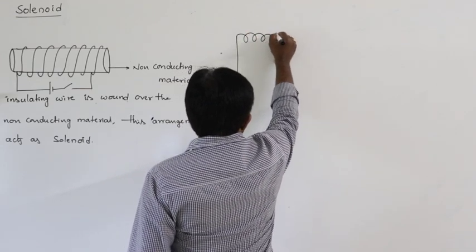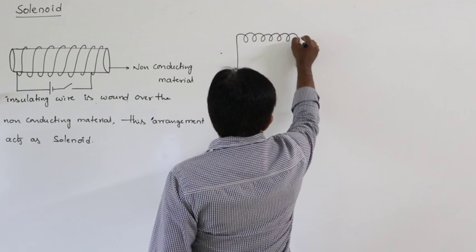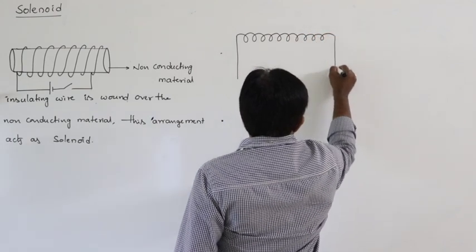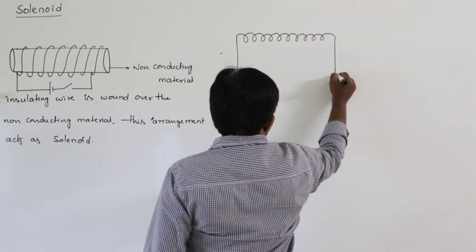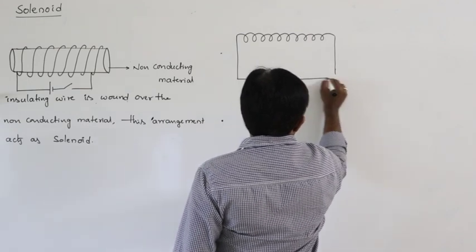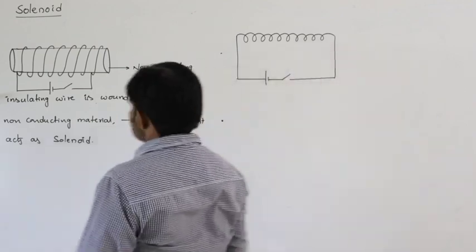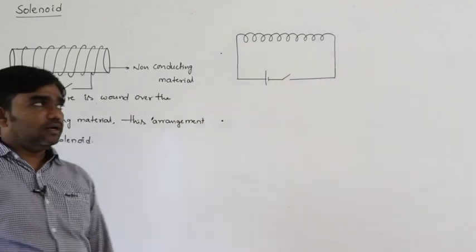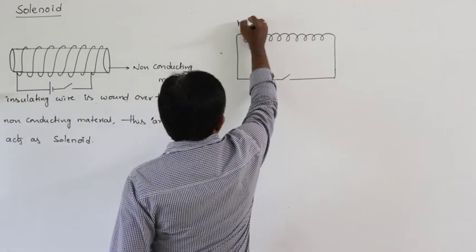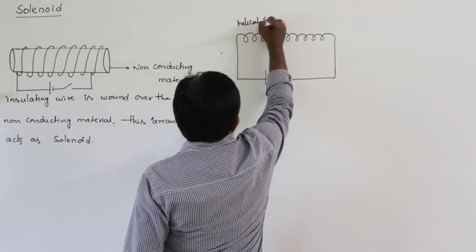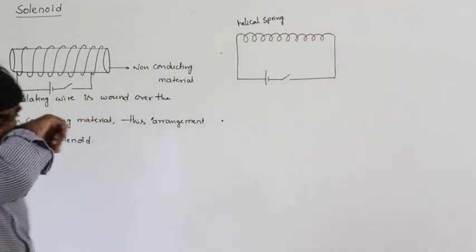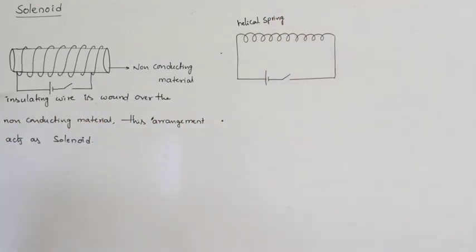If you remove that non-conducting material and consider only the wire, so the shape of this is like this. So this is the battery and this is the switch. This acts as a solenoid. Helical spring, the shape of this is helical spring, just like that. So this arrangement acts as a solenoid.